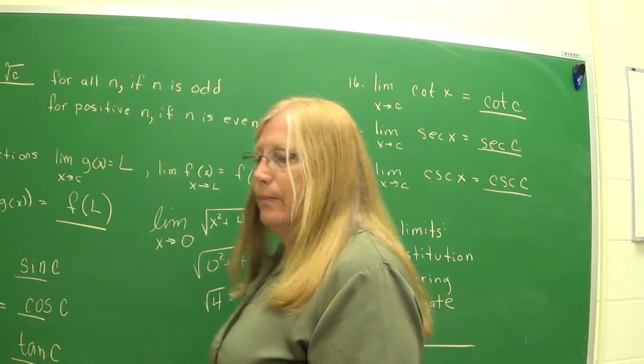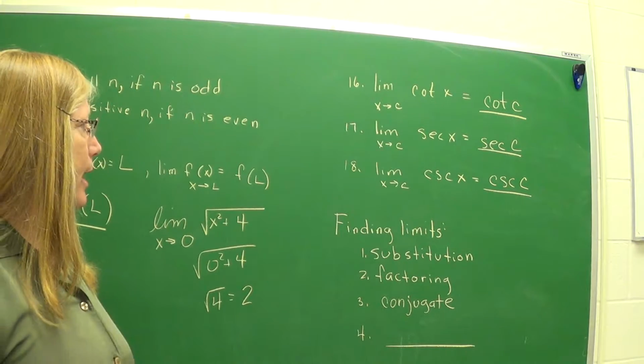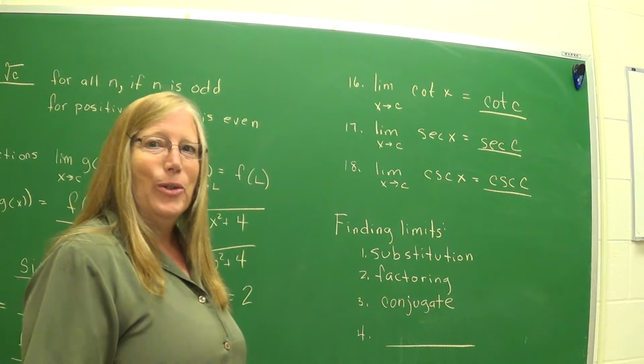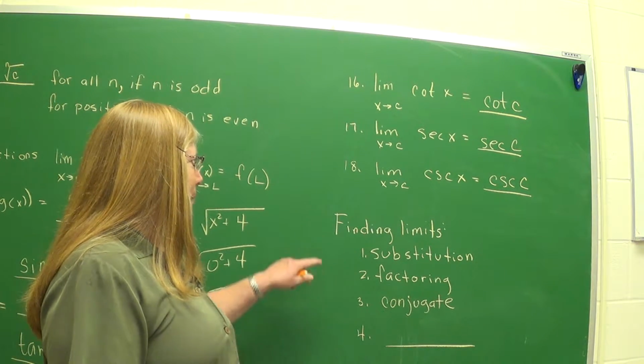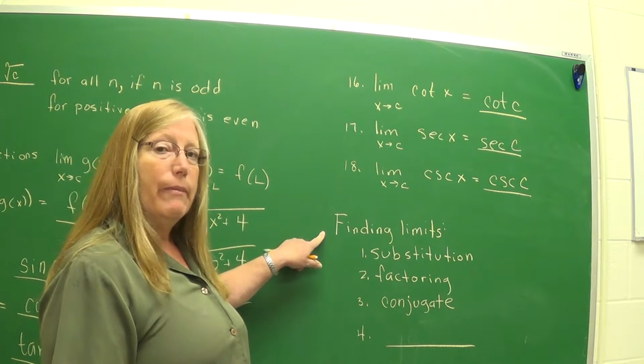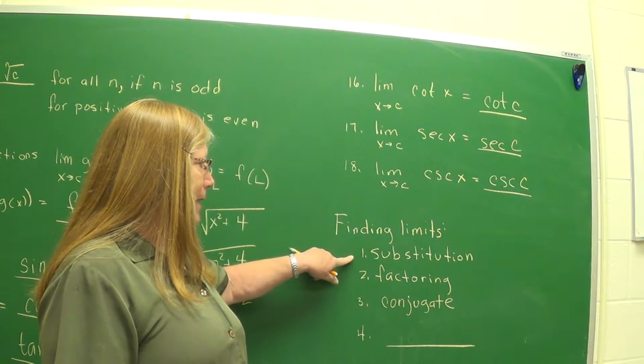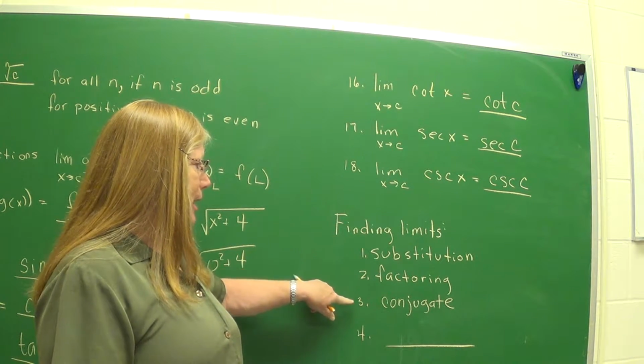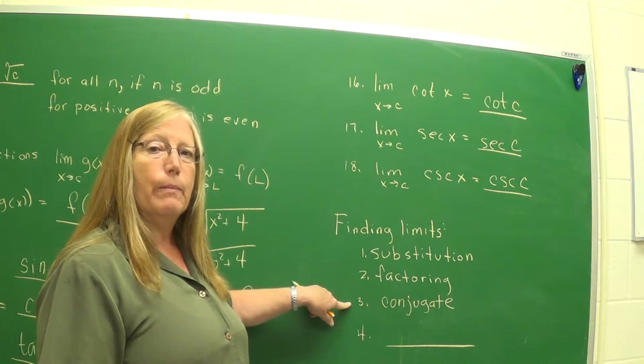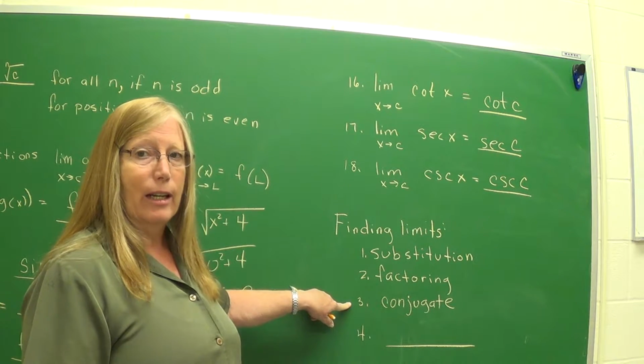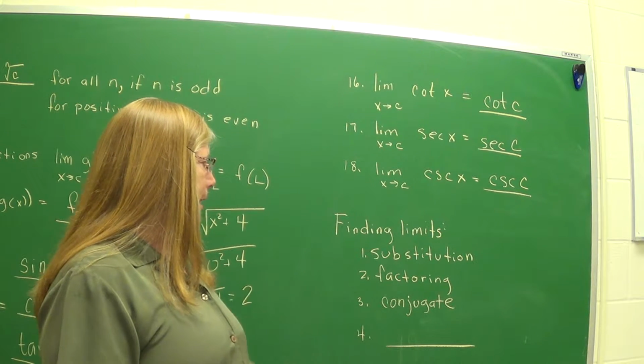There you go. And we have established 18 theorems in a few minutes. So far, we have been finding limits by substitution, factoring, and multiplying by a unit multiplier that uses the conjugate of either the numerator or the denominator.